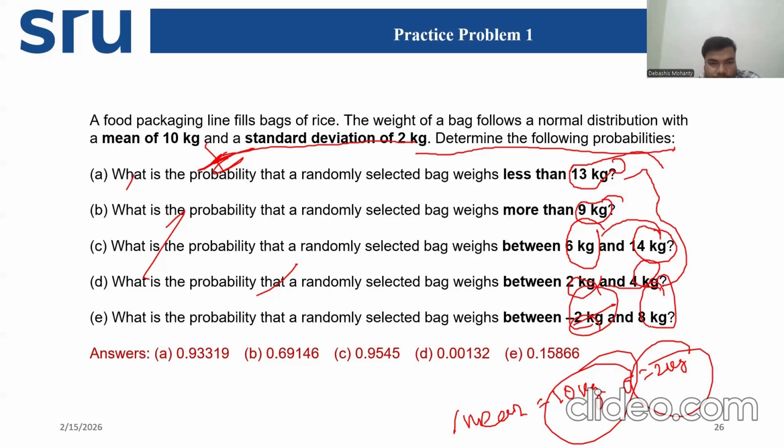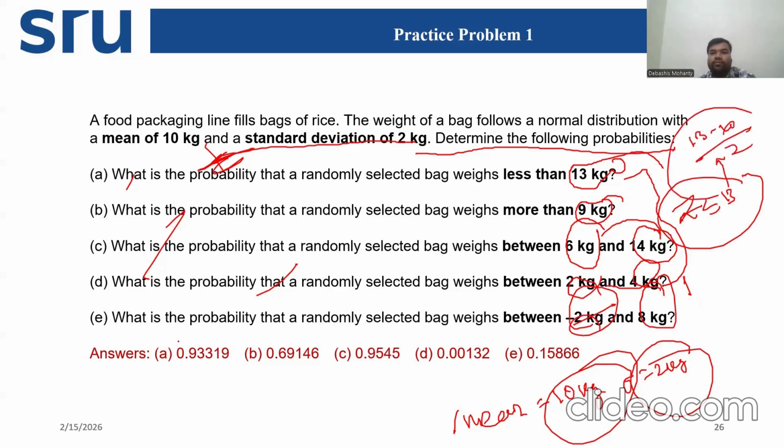For x less than 13 kg, we need to calculate z less than or equal to (13 minus 10) divided by 2, that is 3 by 2, 1.5. So z is less than or equal to 1.5. For that, we get the result of about 0.9.